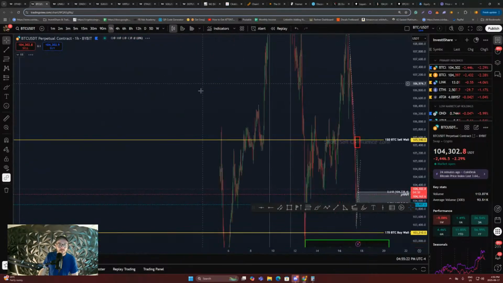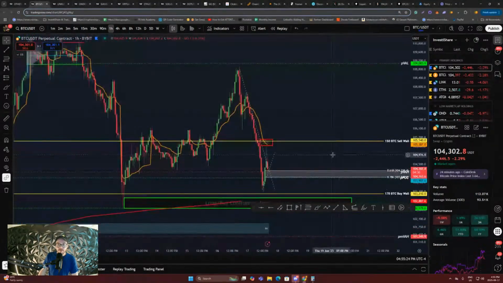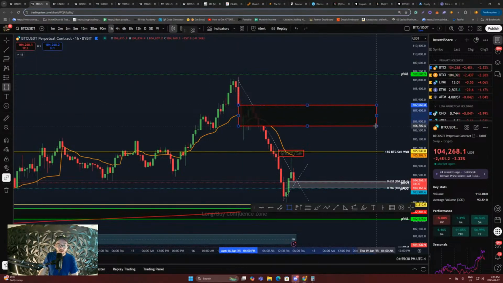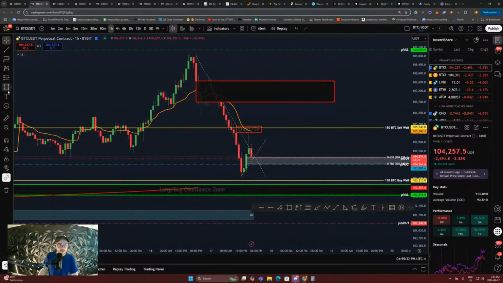We had a really awkward crawl down on the hourly, right? So here's our next area of concern for any longs that you might go into down here. If you get any longs, then this is your area of concern where you prepare for the opposing change of character to get out, basically.